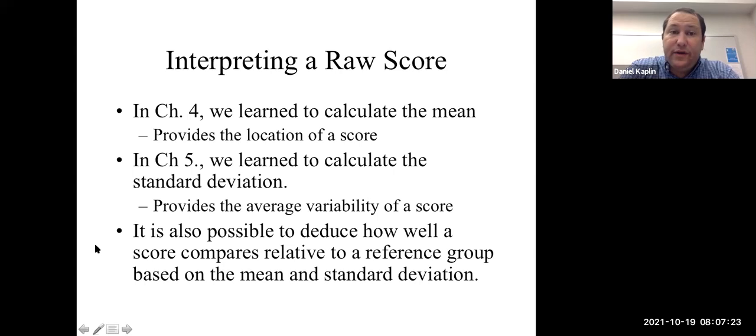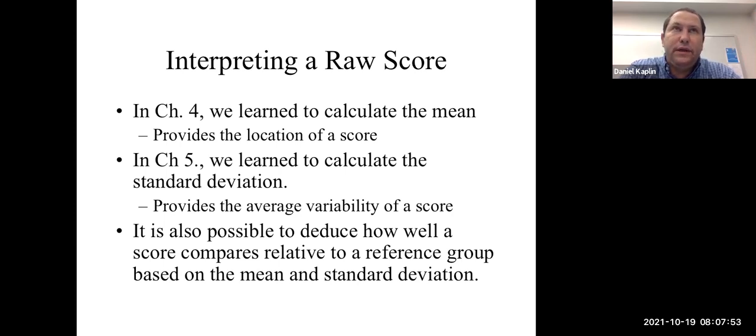As a reminder, we already talked about means and standard deviations, right? So the mean shows you the location of the data set of the score, right? So we're looking for where that score is in the center of the distribution. And then the standard deviation shows you the variability or spread of scores.